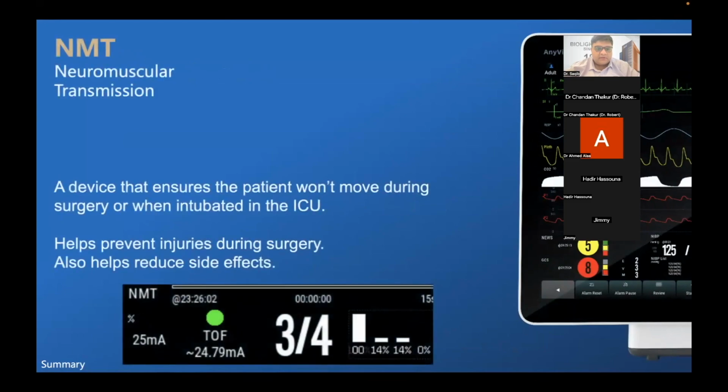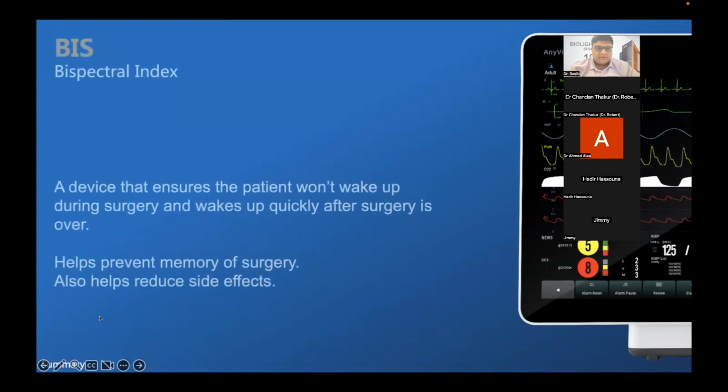Right, we also have this NMT device. I'm not going to go over them. I'm just going to show you what devices we have.